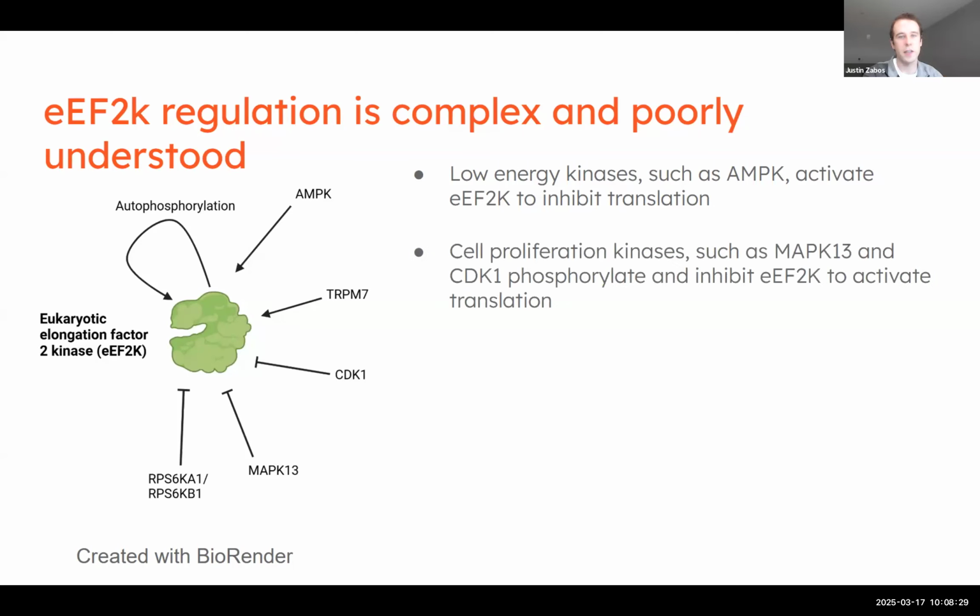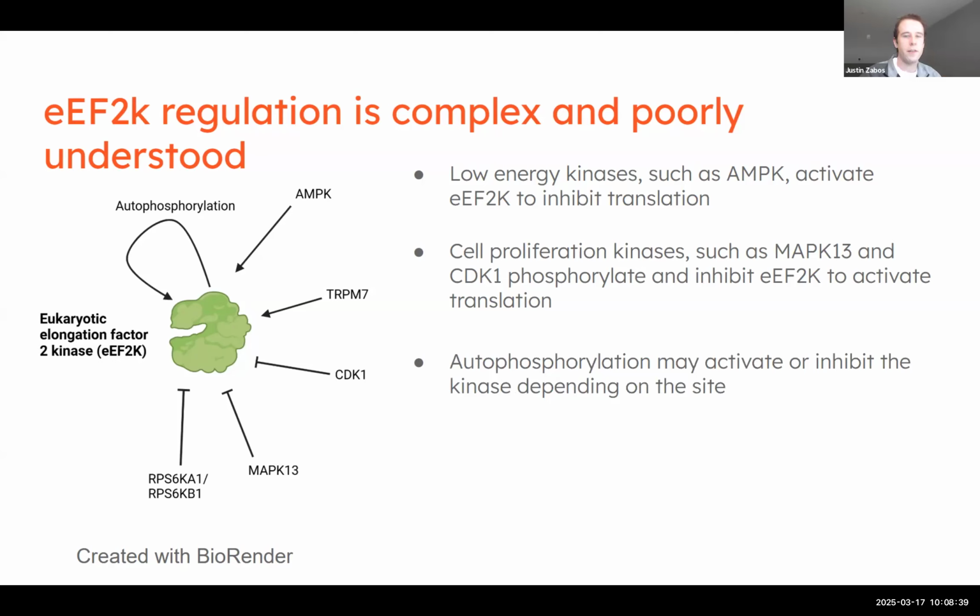On the other hand, cell proliferation kinases such as MAP kinases or CDKs phosphorylate and inhibit EEF2K, which will ultimately activate translation. EEF2K is also known to be autophosphorylated on at least 9 residues, although whether these phosphorylations are stimulatory or inhibitory depends on the site.